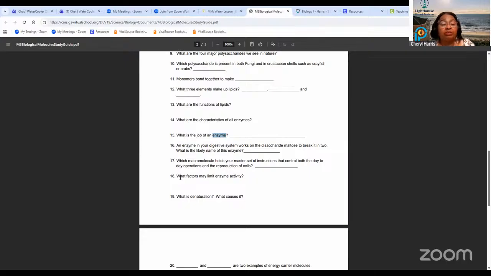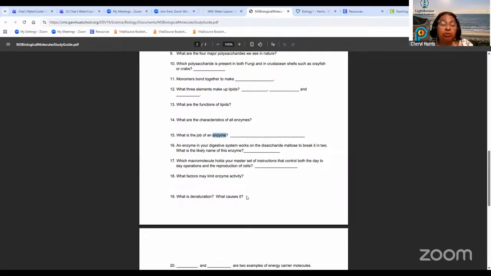All right. Factors that limit enzyme activity: temperature, denaturization. There we go. And I told you about that. It is when they change the shape or structure of a protein.